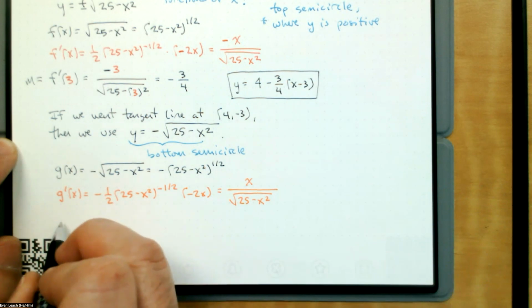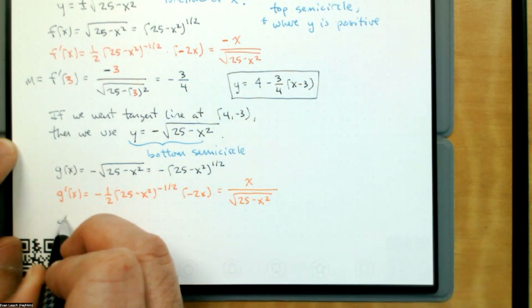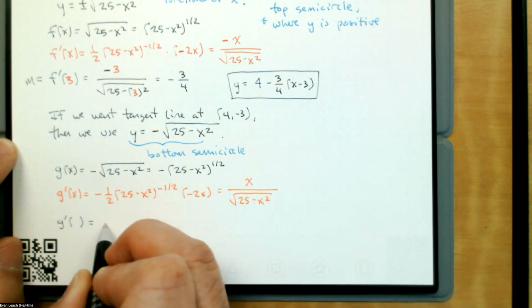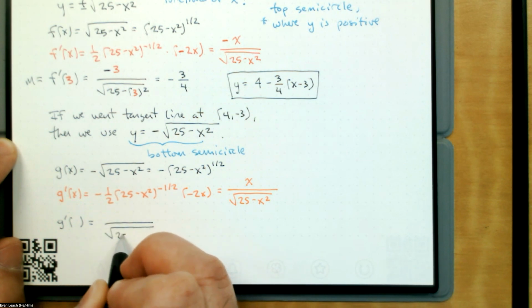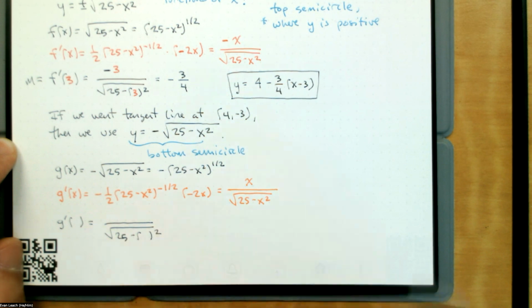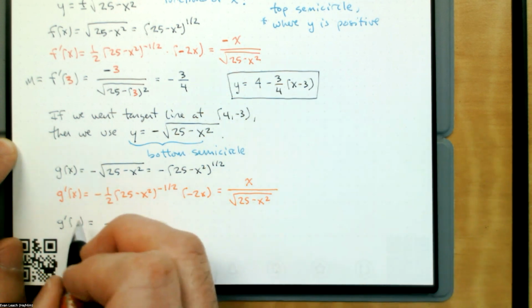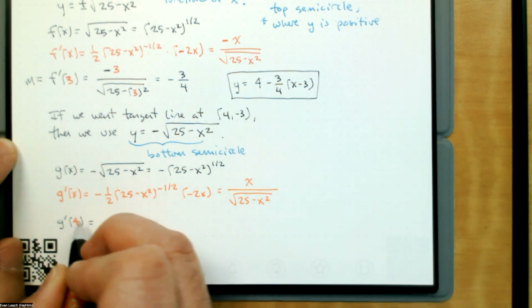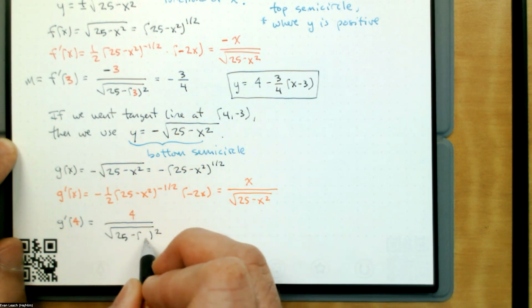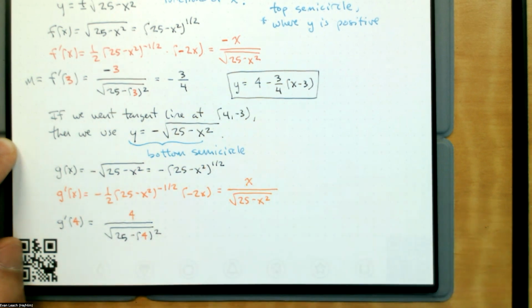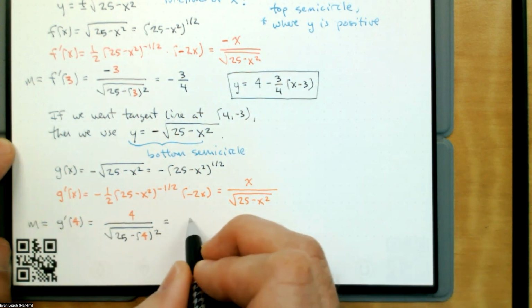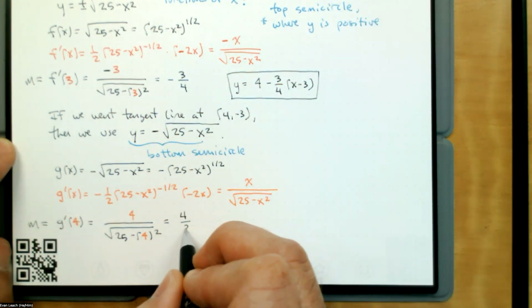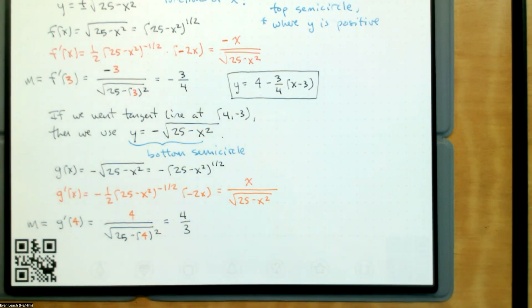So when we plug in our new x value, x equals 4, we'll have a positive slope. So we have a slope of positive 4/3.